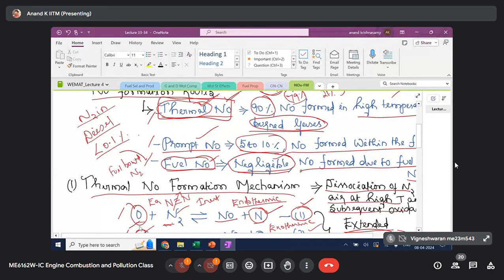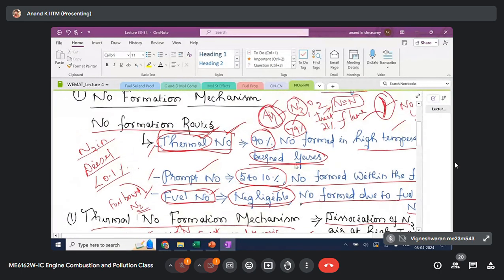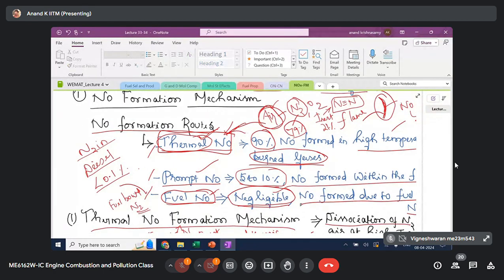But one other important feature in fuel NO formation, unlike thermal NO, is that the nitrogen contained within the fuel molecule is very active, unlike the nitrogen contained in the air. It can form NO at relatively lower temperature compared to thermal NO formation, which takes place through the air route at high temperature. Fuel nitrogen can oxidize at relatively lower temperature and form NO. So basically, nitrogen is oxidizing to form NO.